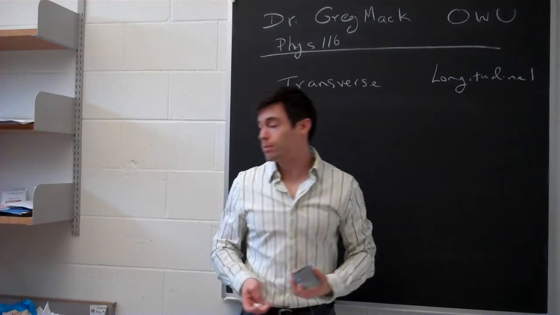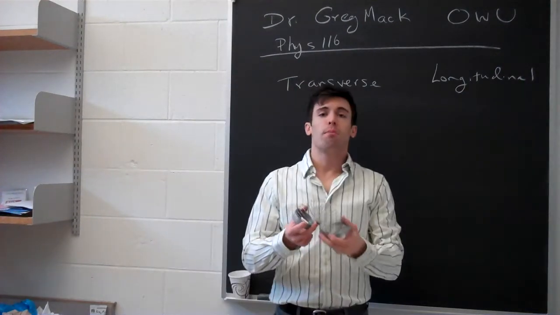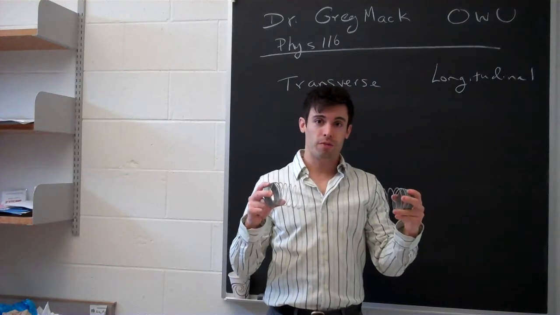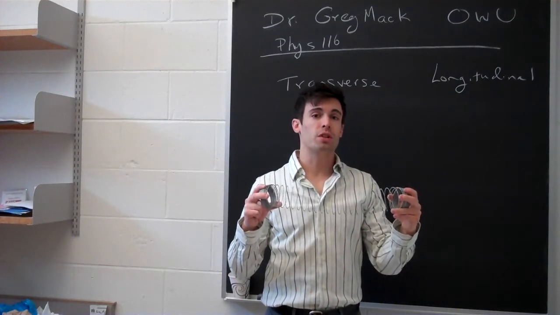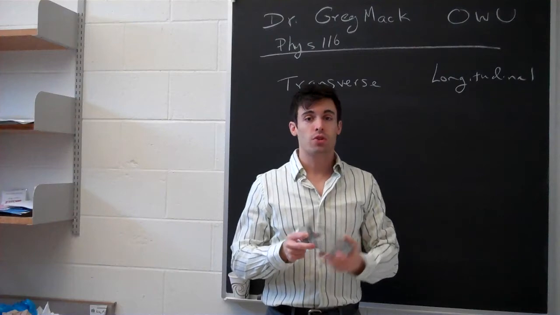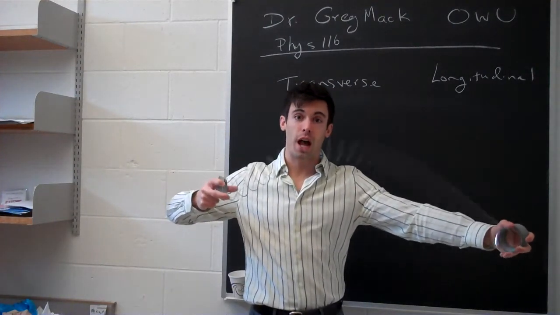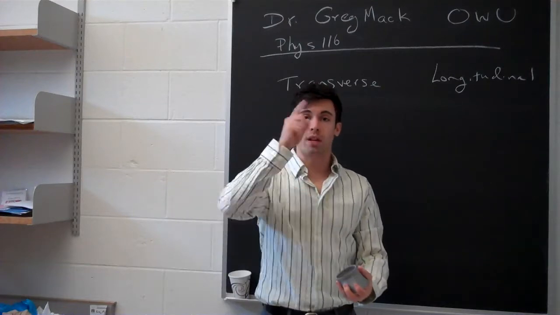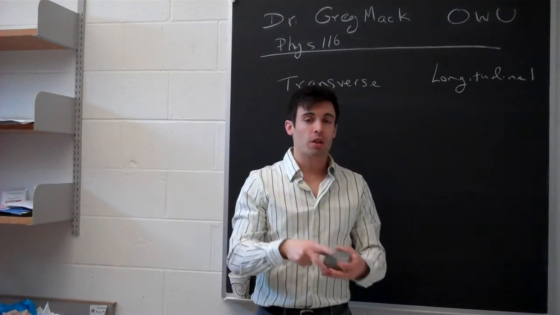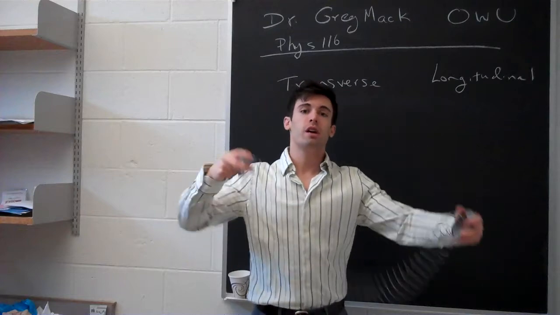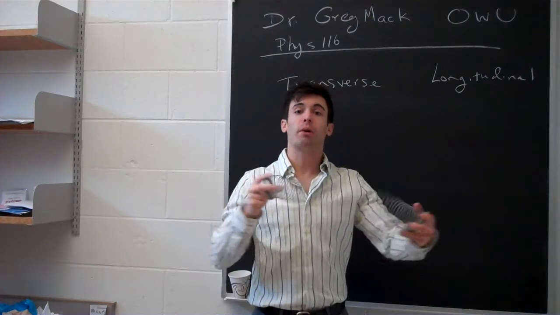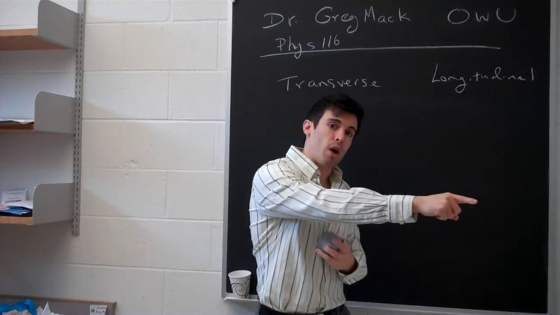The transverse says that the motion of the wave is perpendicular to the displacement of the medium. So for something like this slinky, I'm sending a wave down, and it's moving up and down. It's not moving back and forth. The displacement of this is moving up and down, but the wave itself is traveling this way.